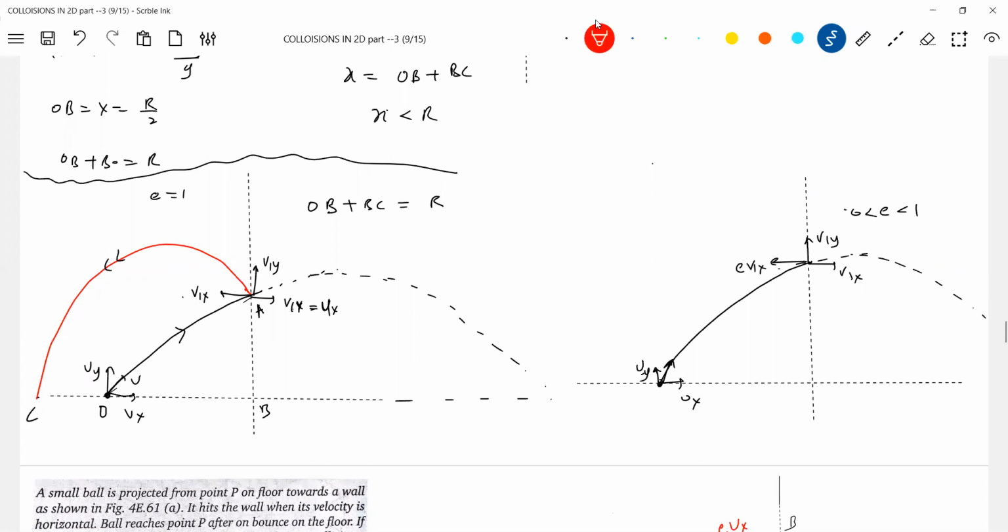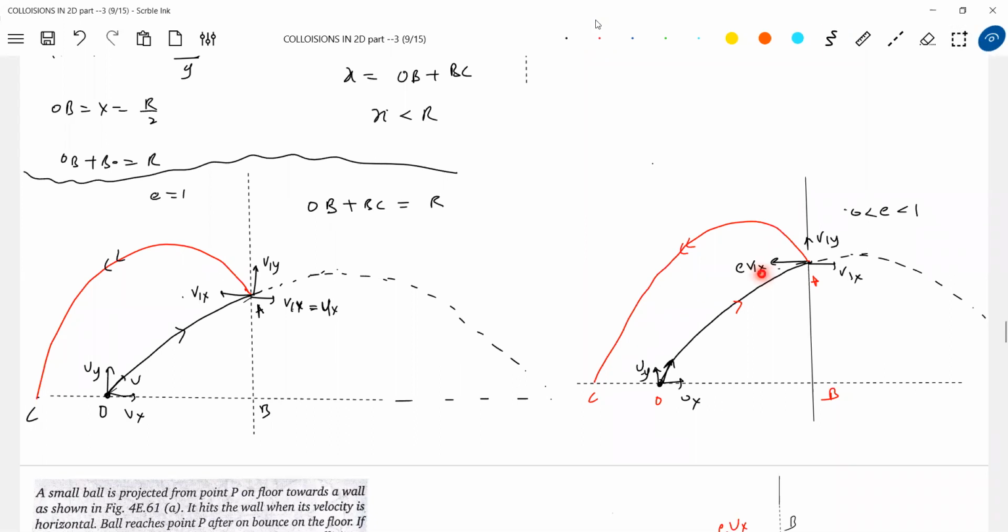Now, what can happen to the ball? It all depends on this. It may retrace its path. So what are the possibilities? It must further ascend. It may strike at these points. So this is A, this is B. Now what are the possibilities?